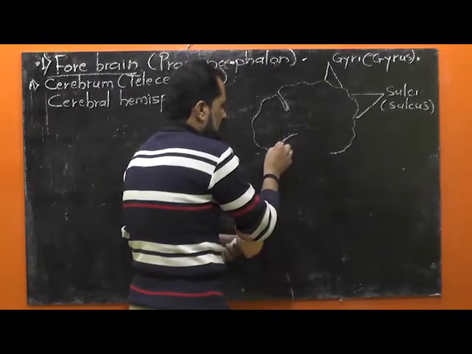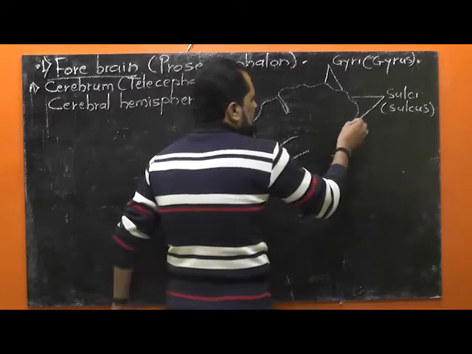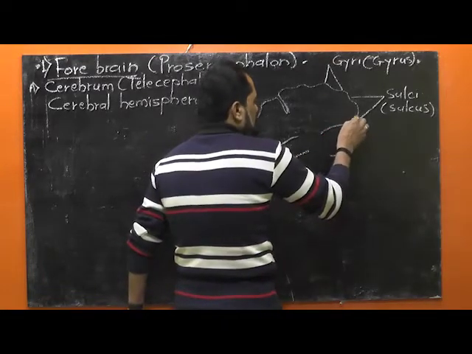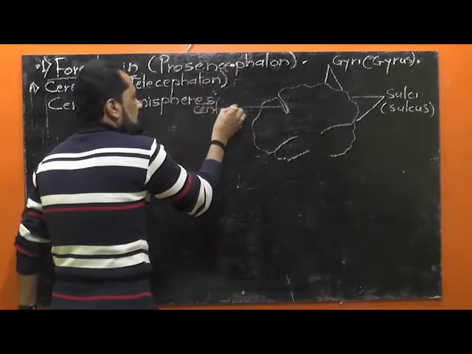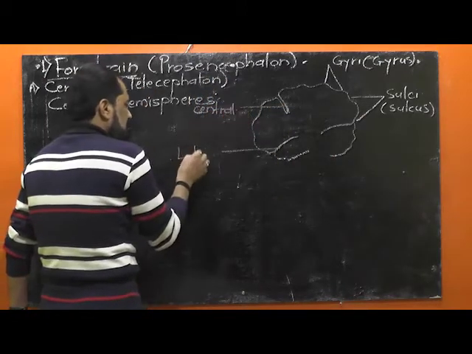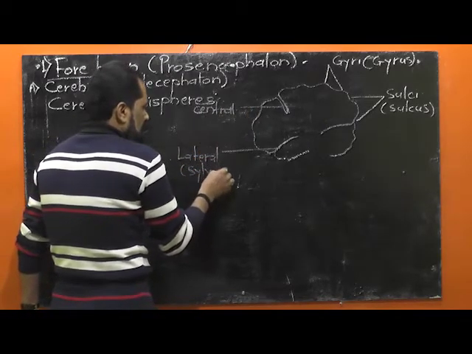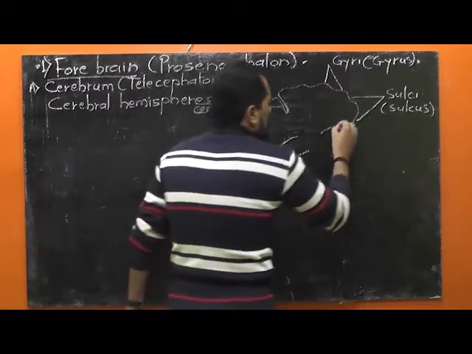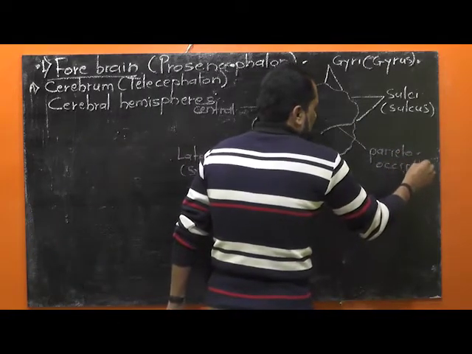Here is the lateral sulcus. And the parieto-occipital sulcus. Let me label the central sulcus, the lateral sulcus, also known as the Sylvian sulcus, and the parieto-occipital sulcus.